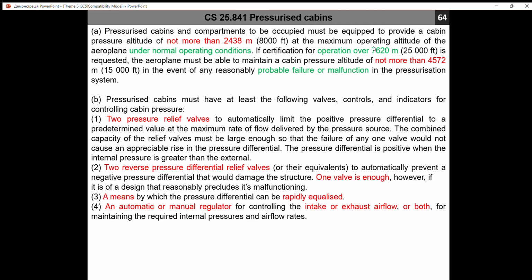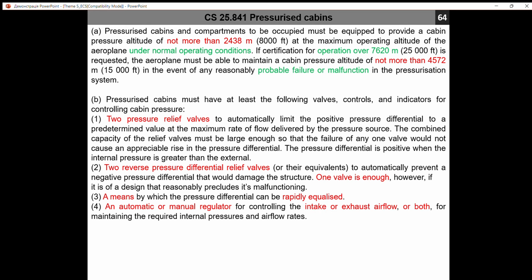But if you fly at an altitude of more than 7,600 meters, you must provide an additional requirement for possible problems connected with the pressurization. You must keep an altitude of not more than 15,000 feet. Typically, it is realized by closing all outflow valves. We will discuss them later.